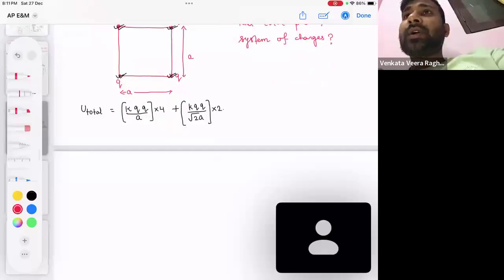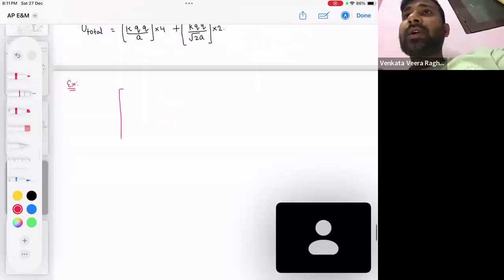How many corners will the cube have? 1, 2, 3, 4, 5, 6, 7, and 8. Right? 28 pairs.